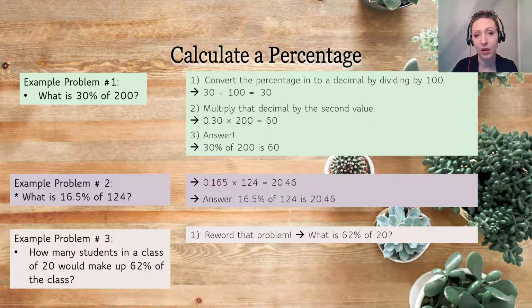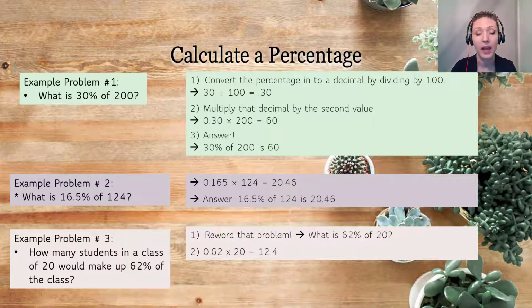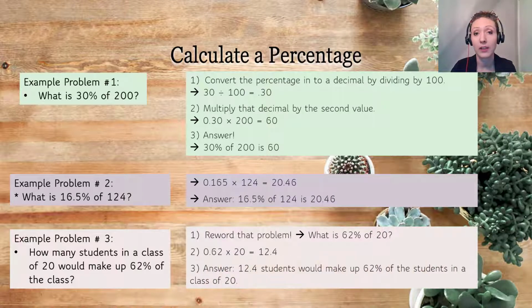And since we've already gone ahead and done some problems similar to that, the process is relatively simple. So we're just going to do the same thing again and take 62%, convert that to a decimal, and then we're going to multiply that by 20. That is going to give us 12.4. And so our final answer for this problem is going to be 12.4 students would make up 62% of the students in a class of 20.